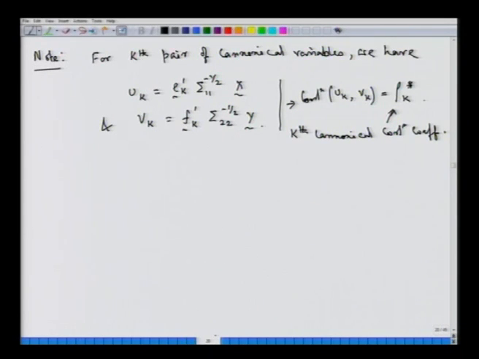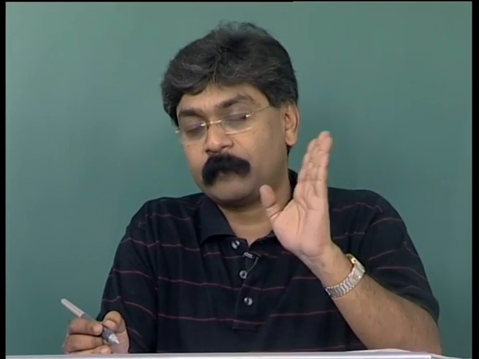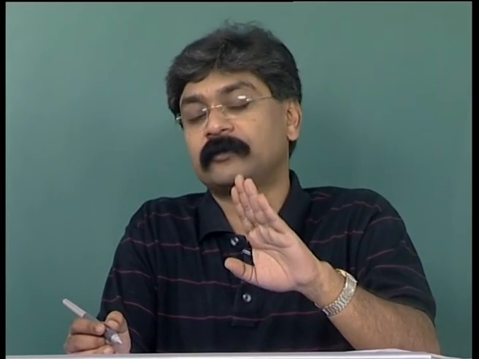So, this is what concludes the derivation of all the canonical variable pairs. Now, how many such canonical variables are there? If we look at U_1, U_2, up to U_k, that series of canonical variables, we are going to have p of them, and the V_1, V_2, up to V_k series is going to go up to V_q, because we have q of the eigenvectors F present in that A transpose A matrix, which is sigma 2 2 to the power minus half, sigma 2 1, sigma 1 1 to the power minus 1, sigma 1 2, sigma 2 2 to the power minus half.